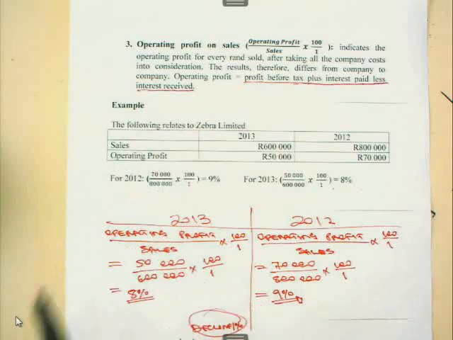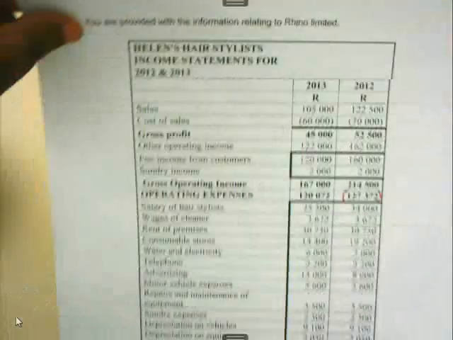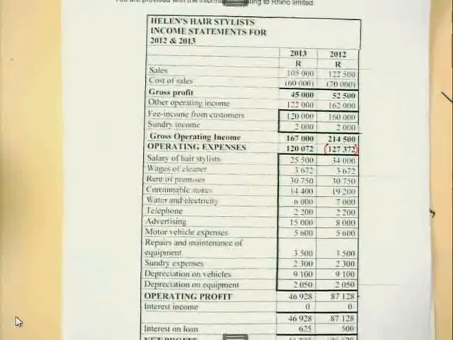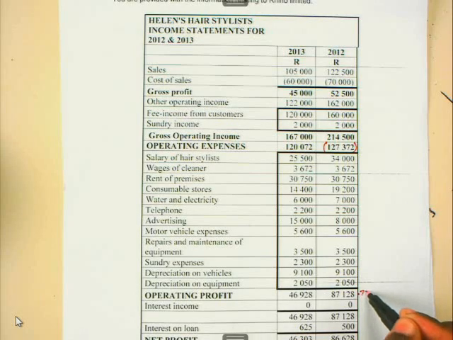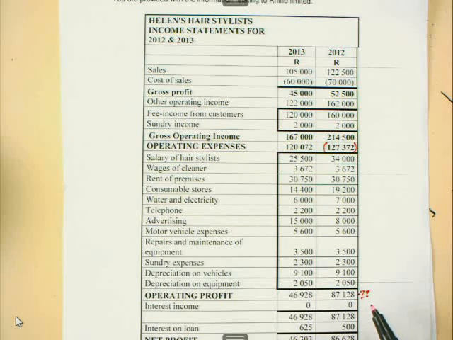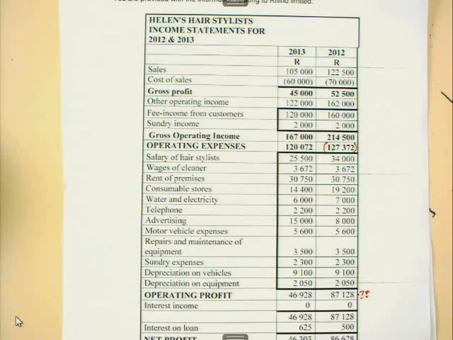Now, what happens? You'll find that in other question papers, you are not given the operating profit. But if you are not given the operating profit, there must be additional information indicating to you or guiding you as to how you are going to get the operating profit.